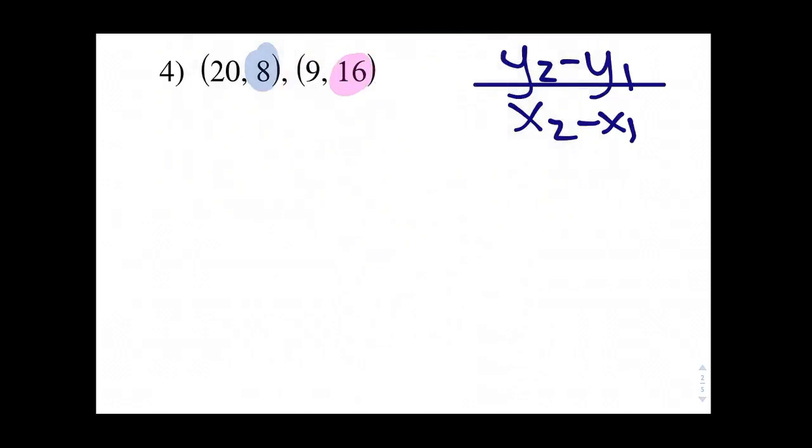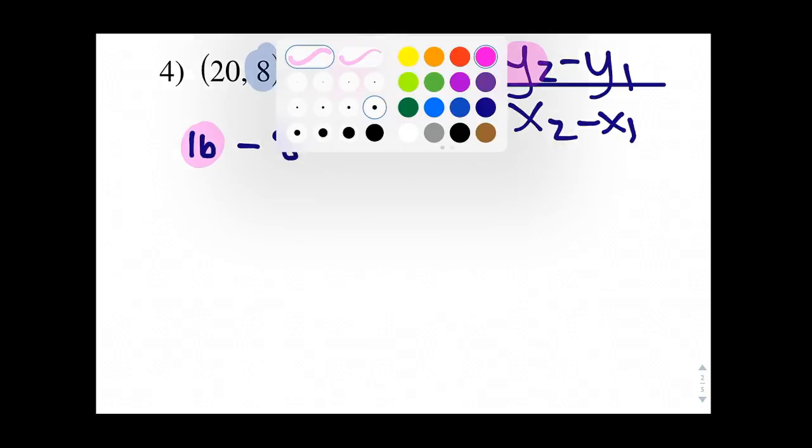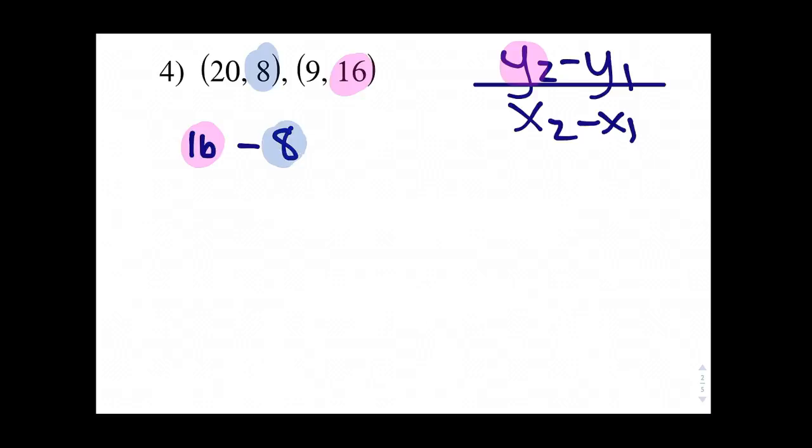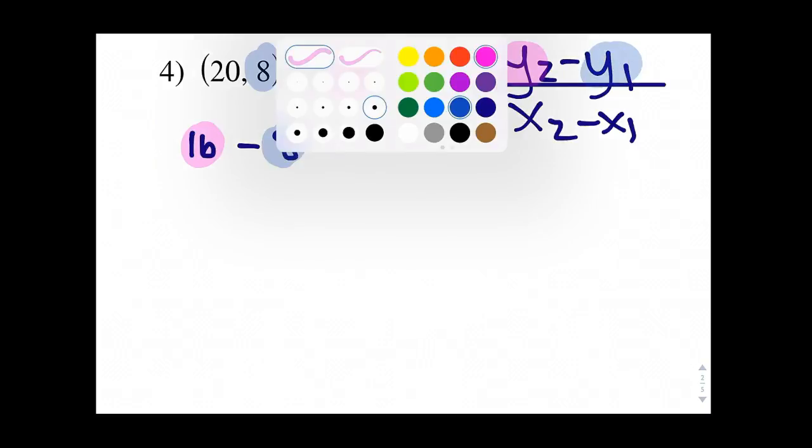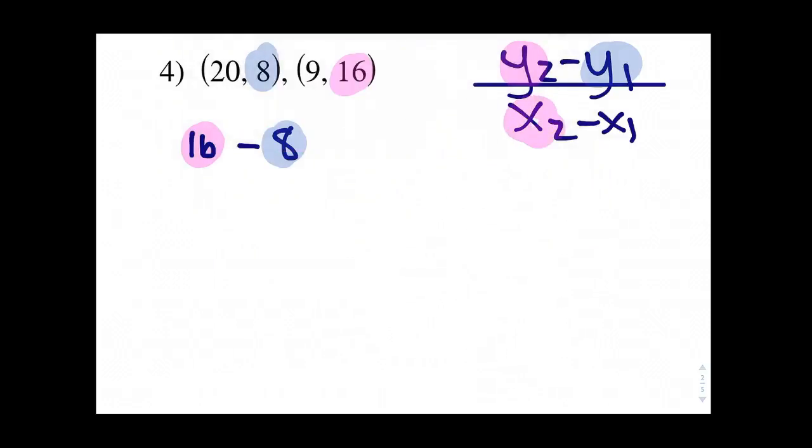The reason why is that will help me keep positive numbers. So I'm going to do the 16 before the 8. This means that I need to take the 9 before the 20.